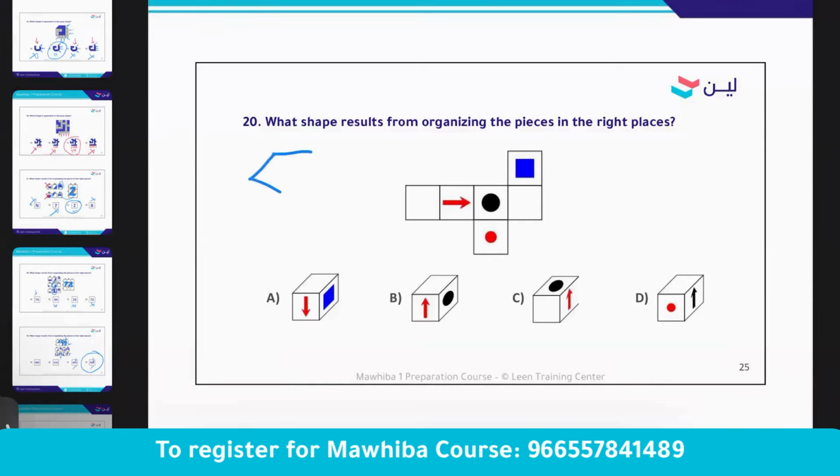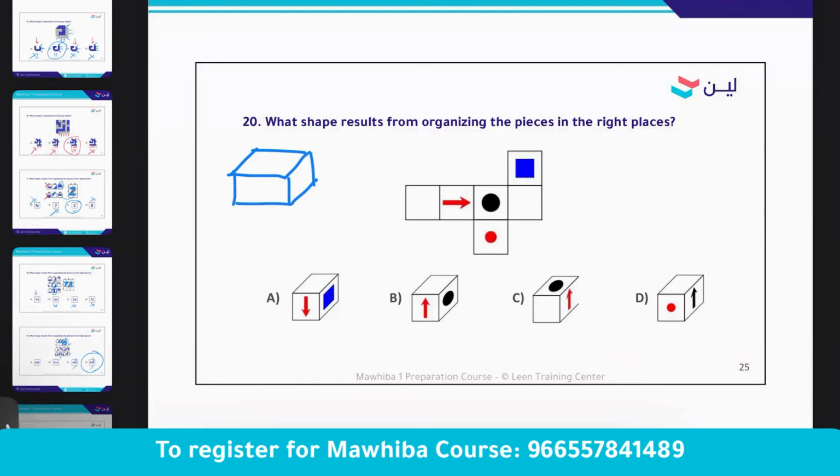The cube is a 3D shape that has all its sides as squares. So how can I fold this shape? When I fold this shape, which cube am I going to get? What shape results from organizing the pieces in the right place?